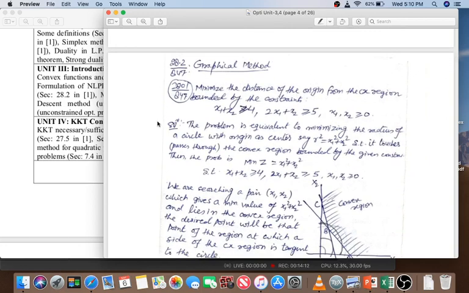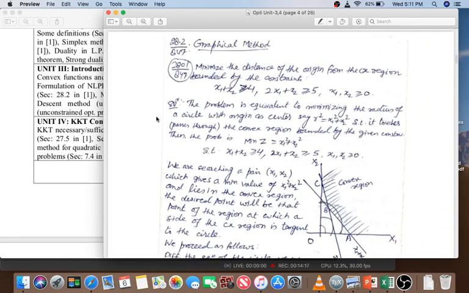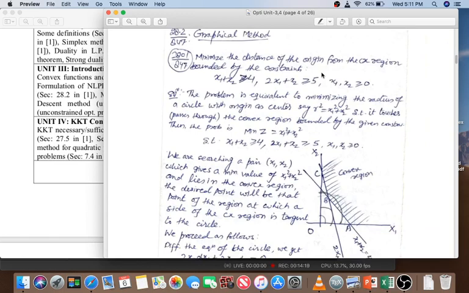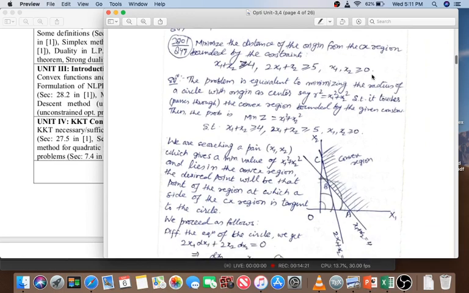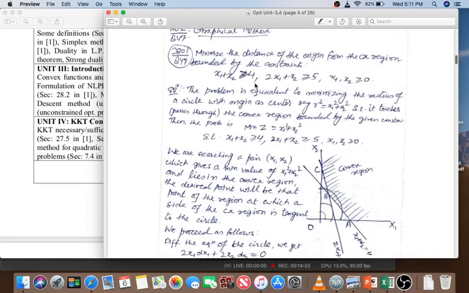I have taken one problem to explain this; the problem number is mentioned here. Minimize the distance of the origin from the convex region bounded by the constraints x1 plus x2 greater than or equal to 4, 2x1 plus x2 greater than or equal to 5, x1, x2 greater than or equal to 0. Here, if you see, your constraints are given to you linear, and the objective function is what?